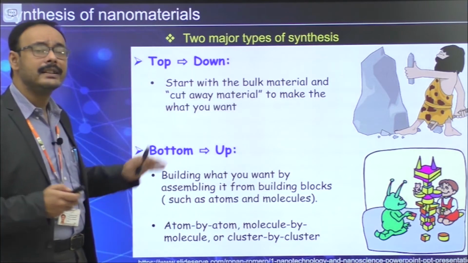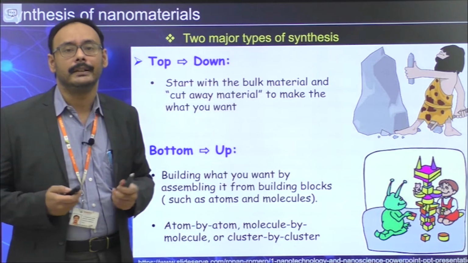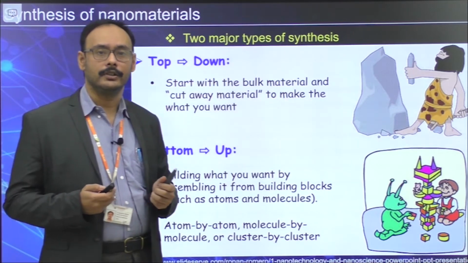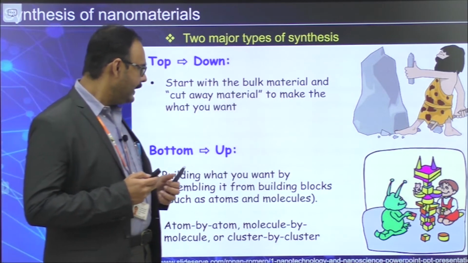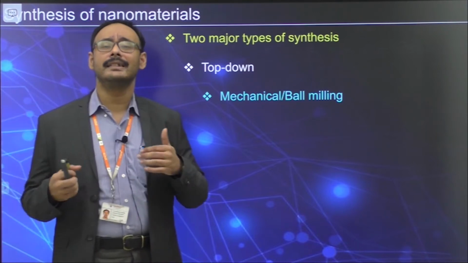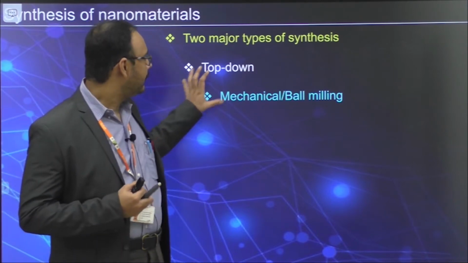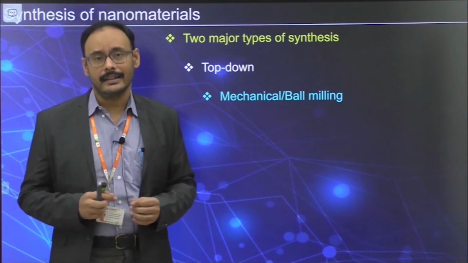We have also discussed certain advantages and disadvantages of top down and bottom up approaches, and I've given you some examples. As far as the examples of top down are concerned, I have discussed extensively mechanical ball milling, which we discussed in our last session.